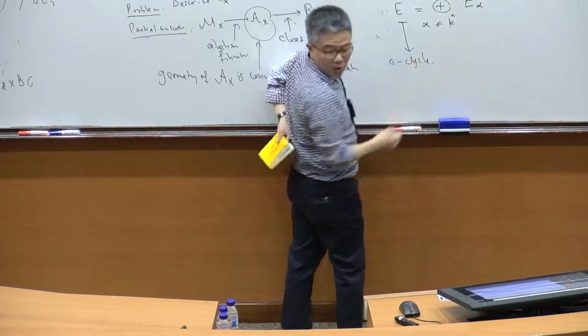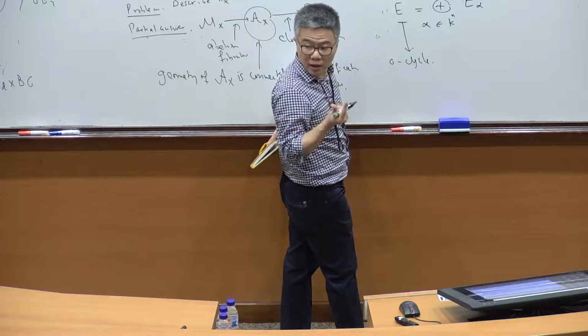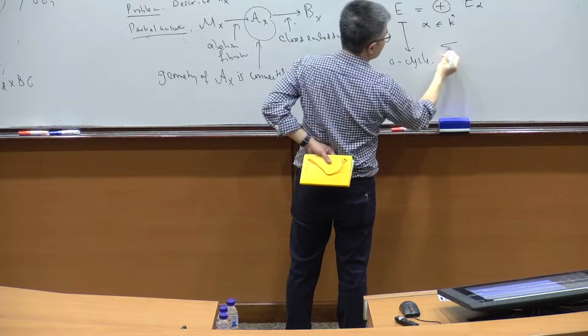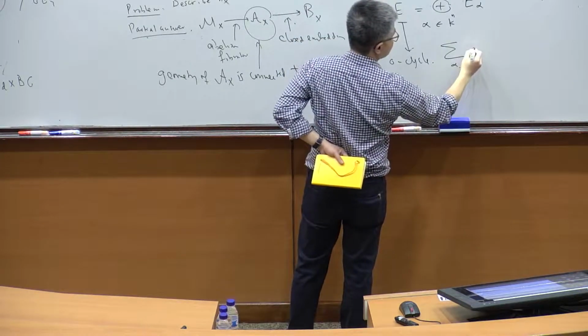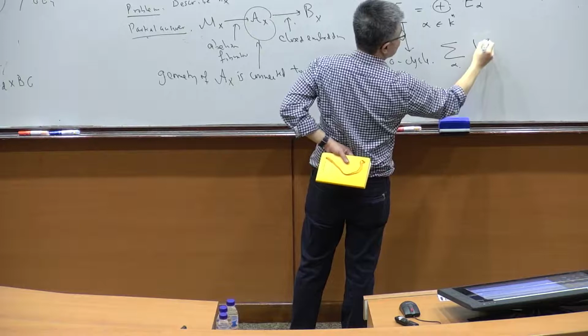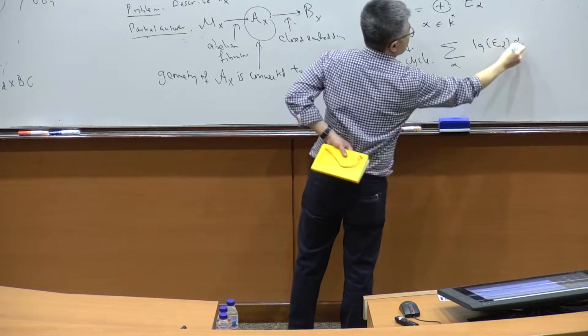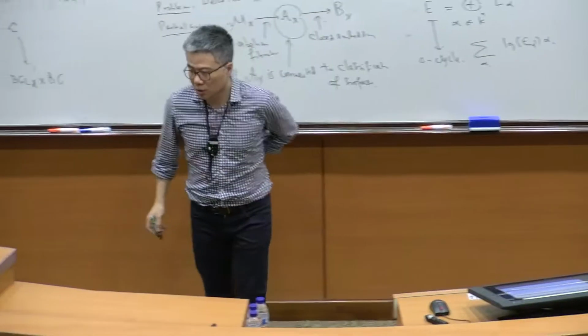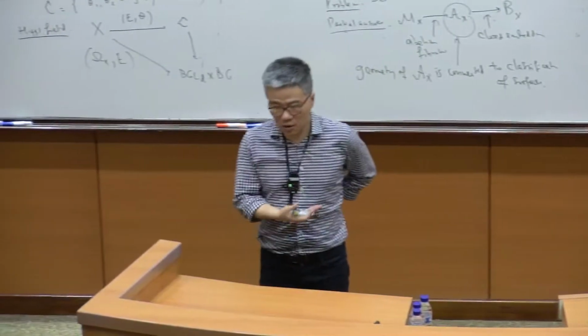So we no longer care about E_alpha, just remember the point and the length. We have the sum over alpha of length of E_alpha times alpha. This is called spectrum data.